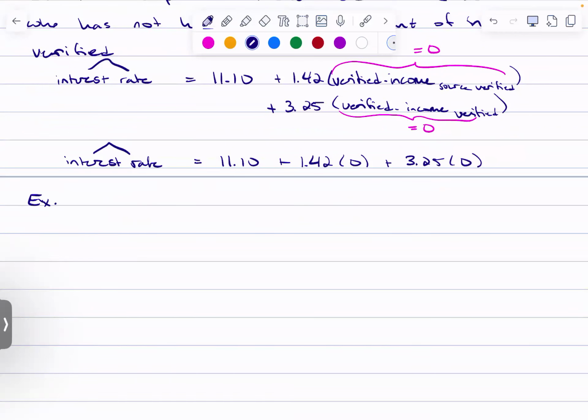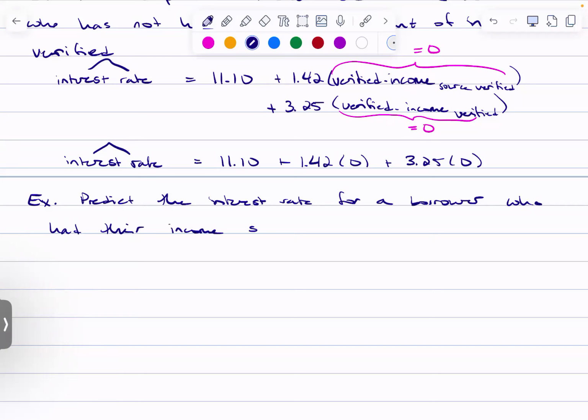For example, predict the interest rate for a borrower who has had, let's start with the source verified, who had their income source verified.